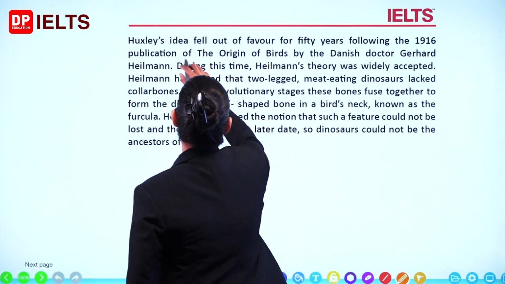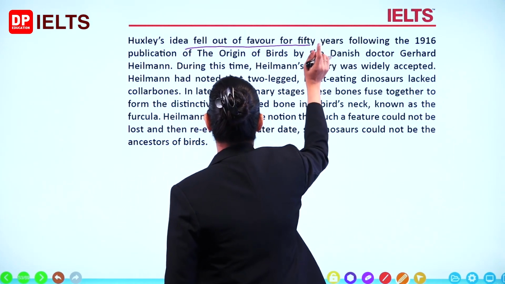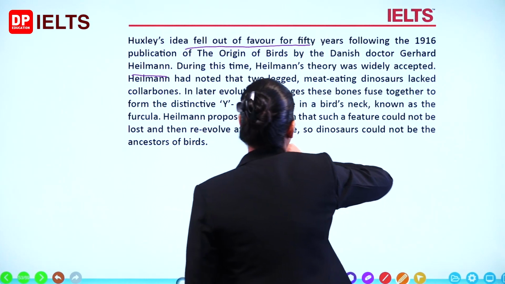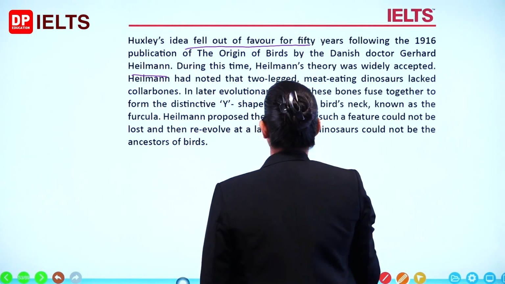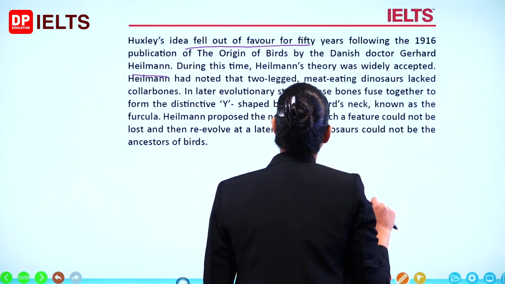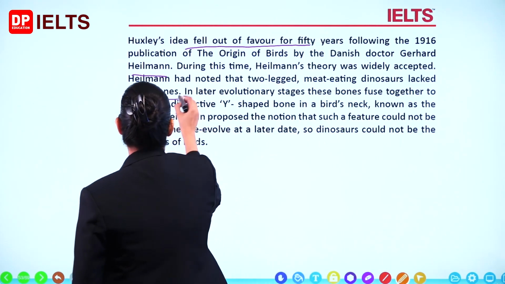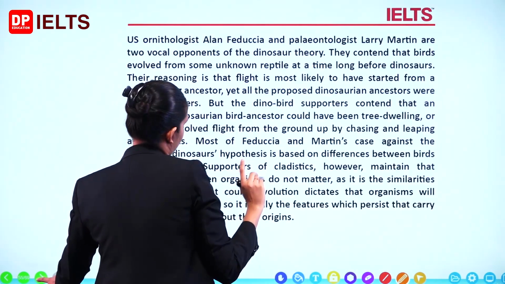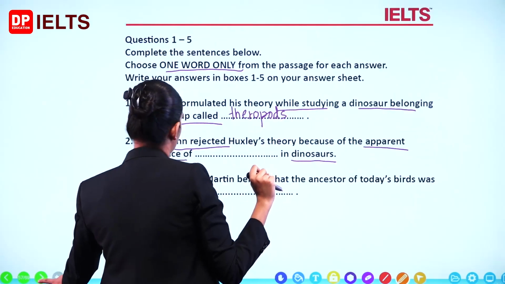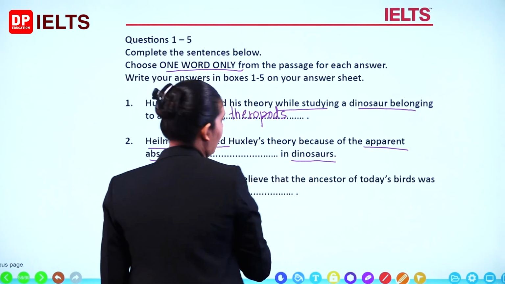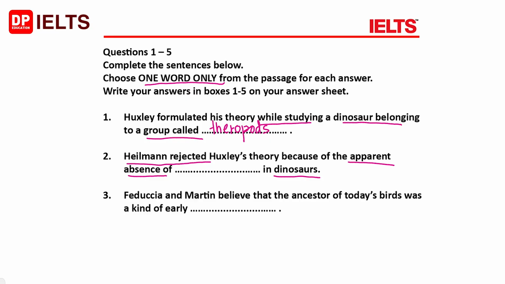Here. Huxley's idea fell out of favor for 50 years after Hellman's one. Hellman's theory was widely accepted. Hellman had noted that two-legged meat-eating dinosaurs lacked collarbones. What did they lack? Collarbones. And that was different to what he said. Okay, that's why it was different. So, apparent absence of collarbones.